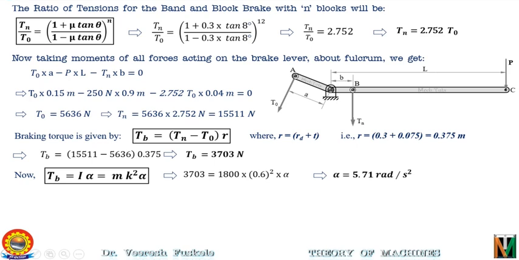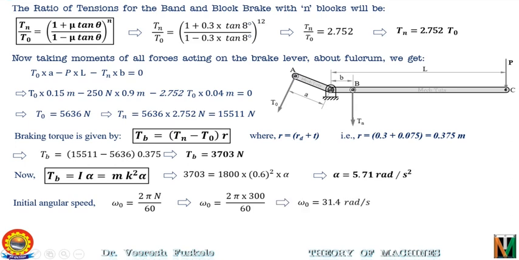Further, we need to calculate the time taken by the system to be stationary. So for this, we have initial angular speed as omega 0, which is given by 2 pi n by 60. Substituting the value of n, we have omega is equal to 2 pi into 300 divided by 60. This gives us the initial angular speed omega 0 as 31.4 radian per second. Now, as the drum has to be stationary, the final angular speed omega will be equal to 0.